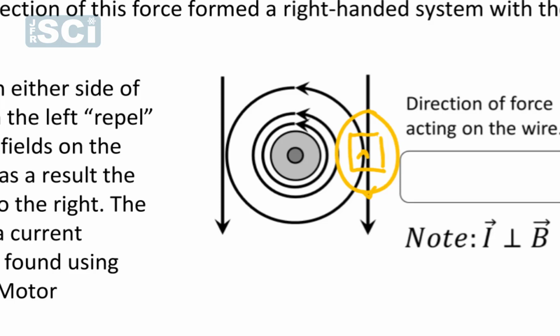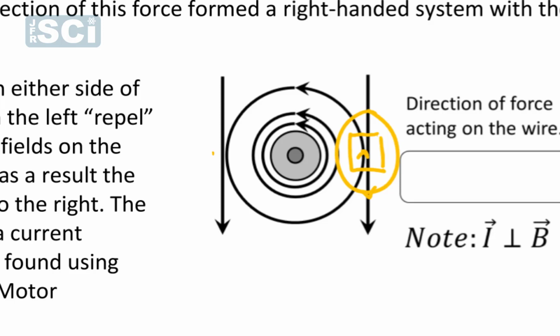Field lines, as you remember, indicate field strength. So the closer they are together, the stronger the resultant force that we might feel at that spot. We also know that electric field lines and magnetic field lines and even gravitational field lines, they don't like to cross each other. They actually repel each other.